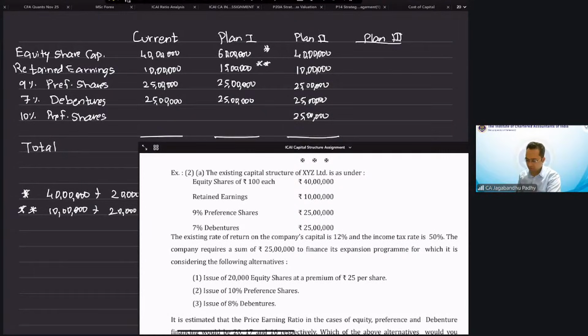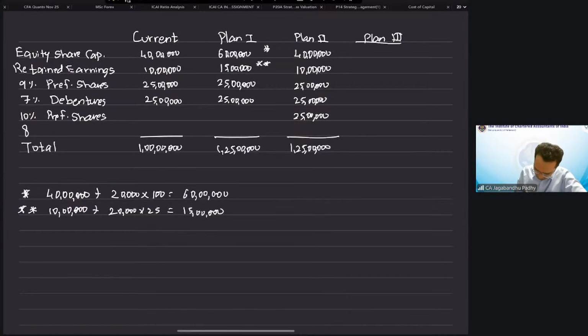Now the third plan is to issue debentures of 25 lakhs, and debentures have an interest cost of 8%. So 8% debentures.